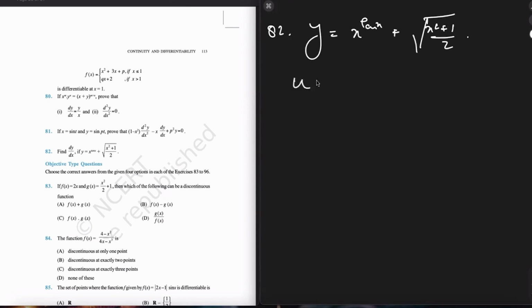So I'll take u equal to x raised to the power tan x, and v is equal to whole under root of (x square plus 1) divided by 2.